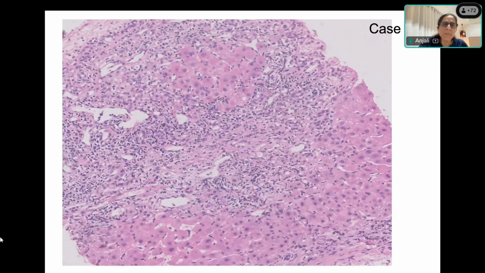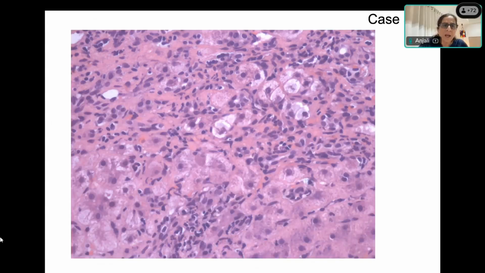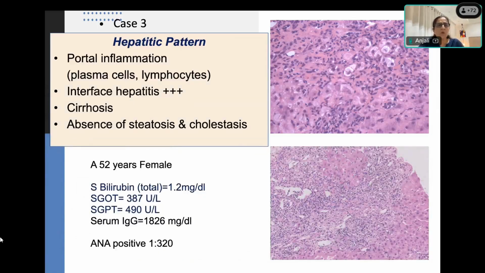As you go higher up, again cirrhotic nodules and inflammatory cells. At higher magnification, I don't know whether you can appreciate, but there are plasma cells, a mixture of lymphocytes and plasma cells. So this liver histology shows portal inflammation, lymphocytes, plasma cells, interface activity, cirrhosis, and absence of steatosis and cholestasis. With this background, we would say that this is a case of autoimmune hepatitis.